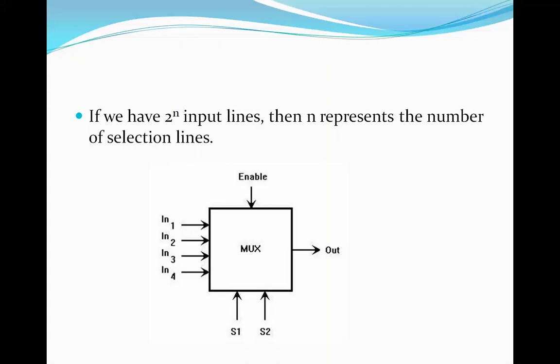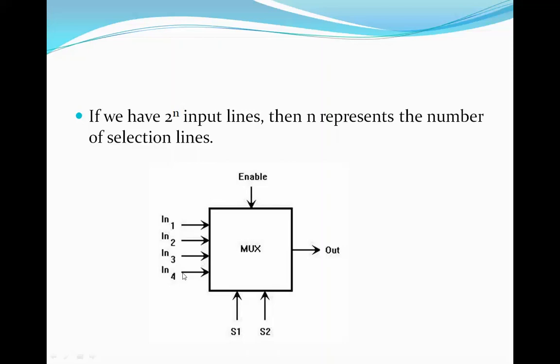Similarly, for an 8x1 multiplexer you can have 2 raised to the power 3, which is 8. In that case our selection lines will be 3.